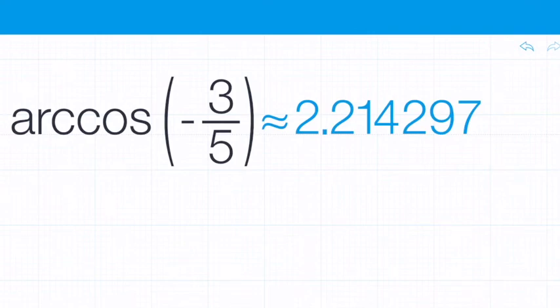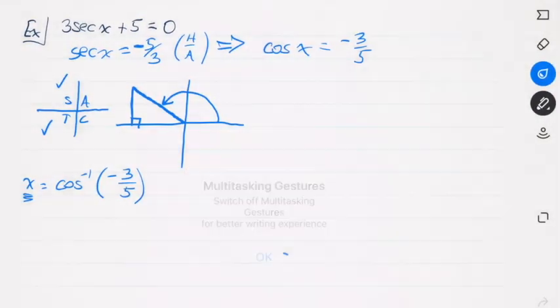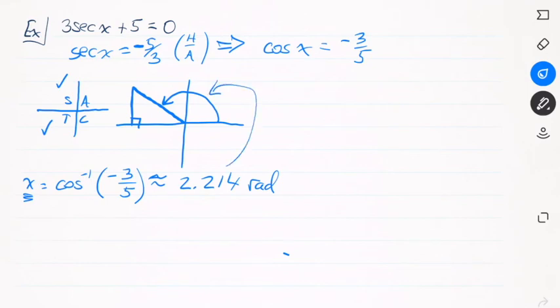This thing is in radians, so 2.214. So this is approximately 2.214, and I'll put rad just to remind myself that's in radians. So that's what this angle up here is, and again, that's the main angle.